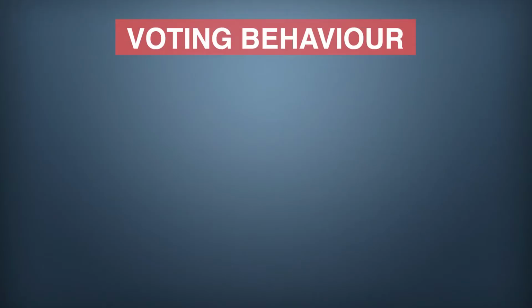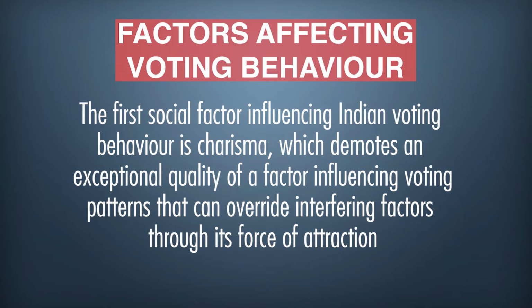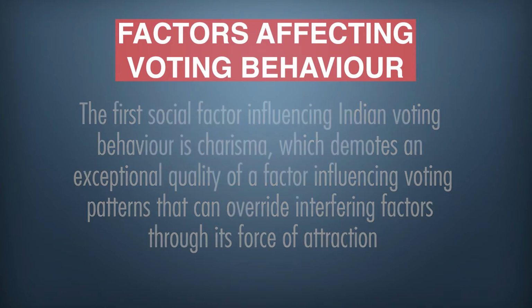Let us try to go a little deeper as to how rural and urban voters are influenced by a variety of factors. The first social factor influencing Indian voting mindset is charisma, which denotes an exceptional quality of a factor influencing voting patterns that can override interfering factors through its force of attraction.